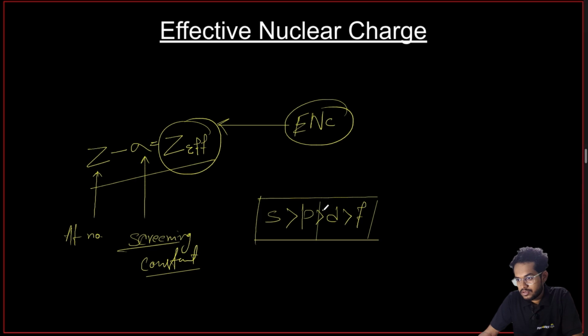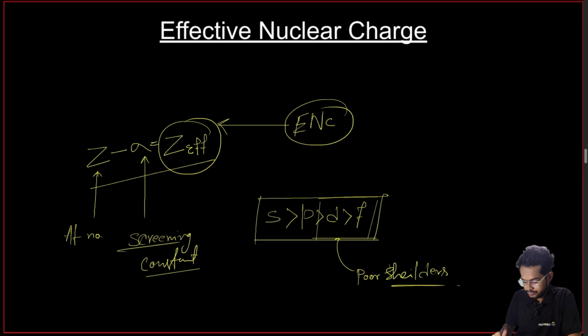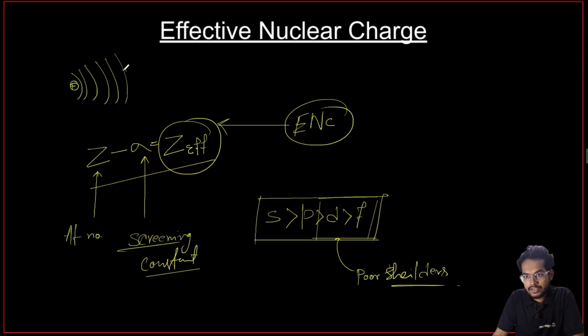As you know, D and F, their Z value is much higher. So these two are called poor shielders. And to give you a better understanding of what a nuclear charge is, suppose this is your nucleus and these are orbitals there, and there is one electron.